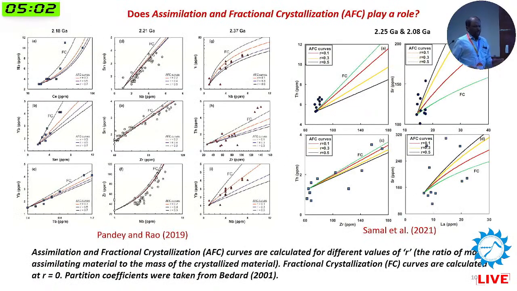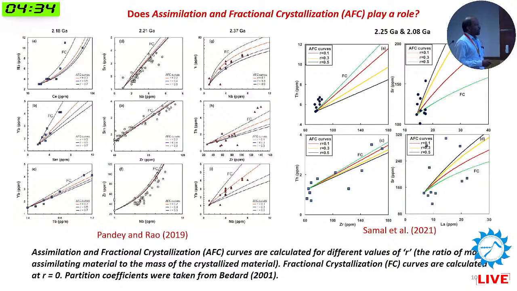We try to understand the role of assimilation fractional crystallization. In 2019, Ashutosh Pandey and Chalapathi Rao sir carried out a study to understand whether the AFC process has played a significant role. You can see, although many elements follow the classical trend of the AFC, in several plots the data doesn't follow the trend.